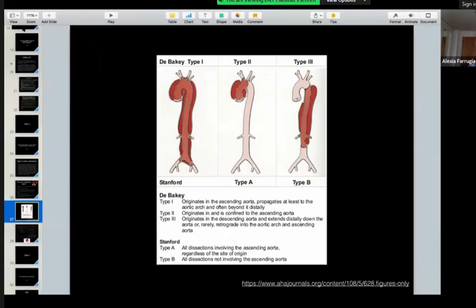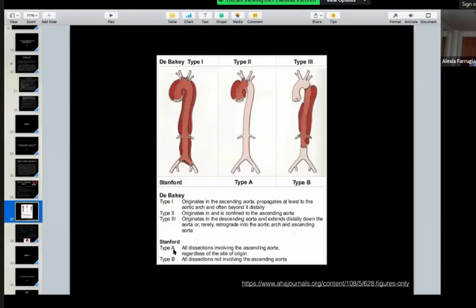In type 1 DeBakey, the dissection flap originates in the ascending aorta, propagates at least to the aortic arch, and often goes beyond it distally. Type 2 originates in and is confined to the ascending aorta. And type 3 originates in the descending thoracic aorta, and it extends distally down the aorta, or rarely, it can go retrograde into the aortic arch and the ascending aorta, as in this case.